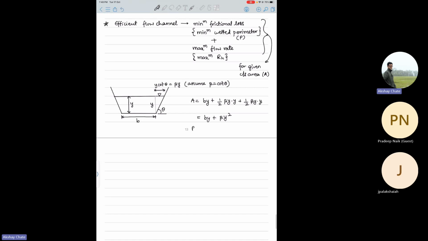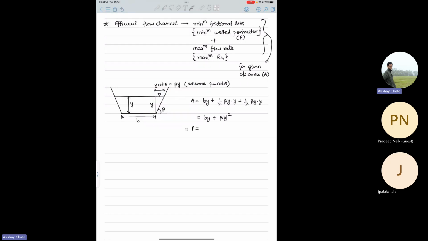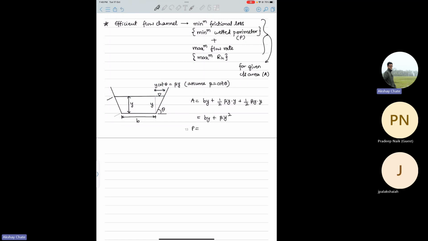And what is your wetted perimeter? We have to calculate this length also, because this will contribute to your wetted perimeter.